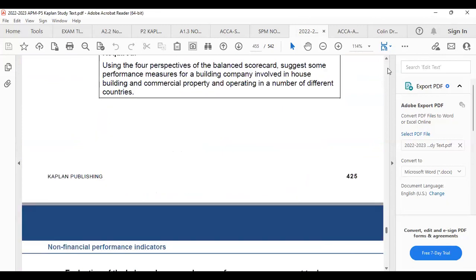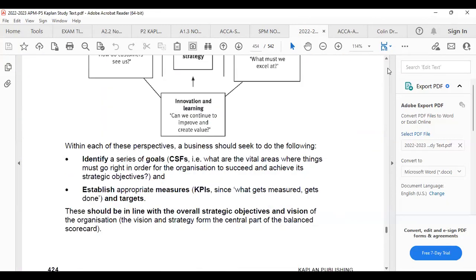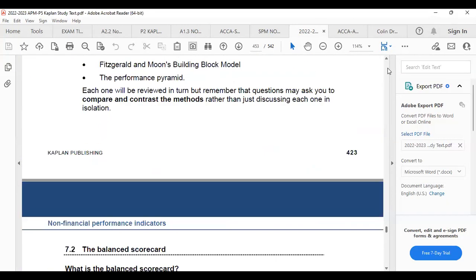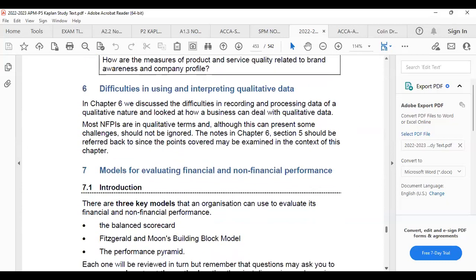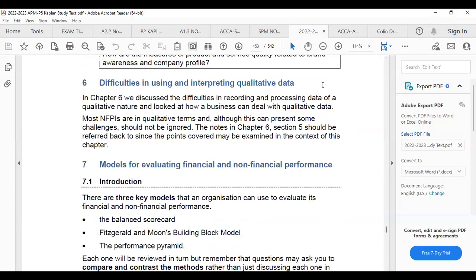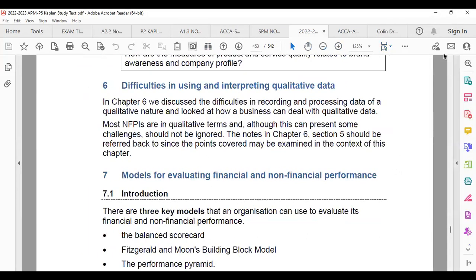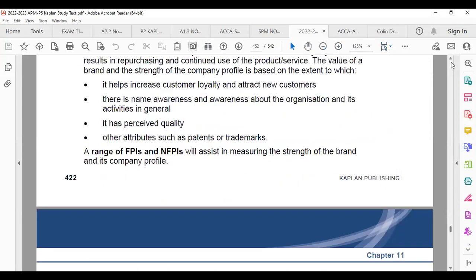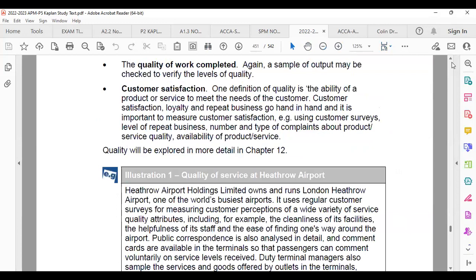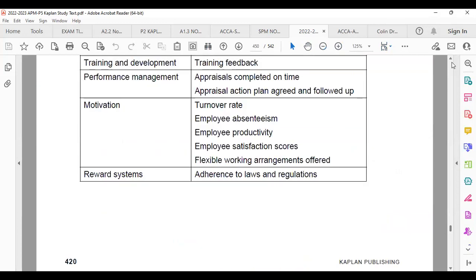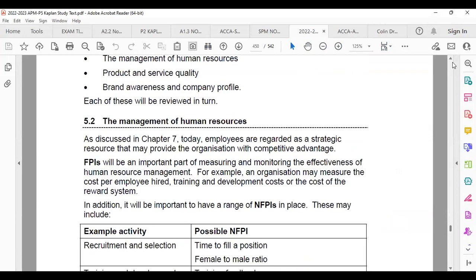Now, non-financial is mostly where there is little to do with the formulas. It is just strategically trying to explain. As you may check, in reference to Kaplan and also Pentuition, they explain what the elements of non-financial are. Now, some of them cut across different topics.